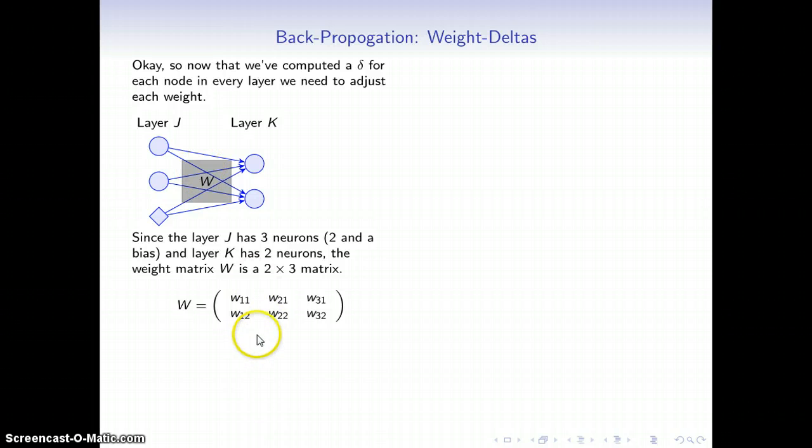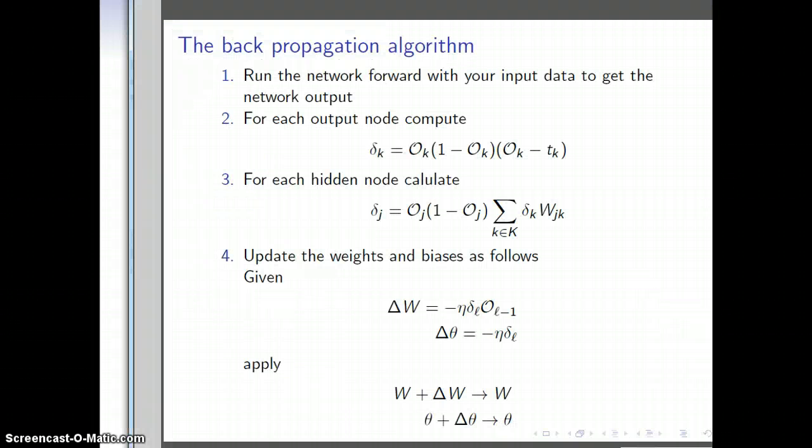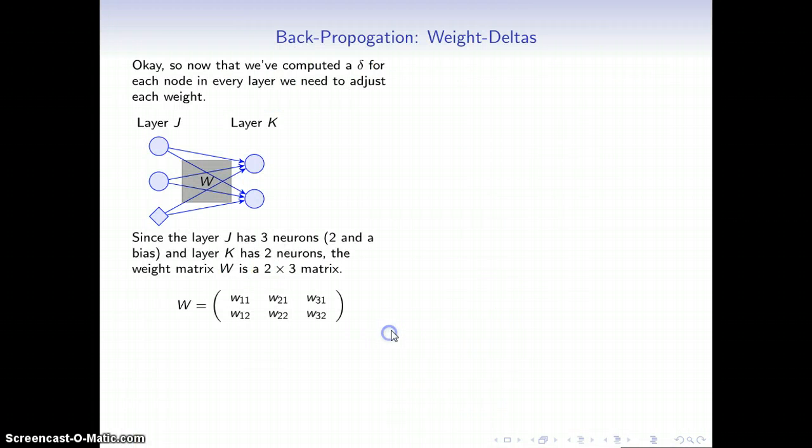So let's say, if we can recall this, I do know how to do it individually, right? If I have a delta for this layer and I multiply it by the output of a node in the previous layer, then that is the change in the weight that connects the two. I mean, you have to include the learning rate and all that junk, but essentially that's it. So let's pick one and do an example.